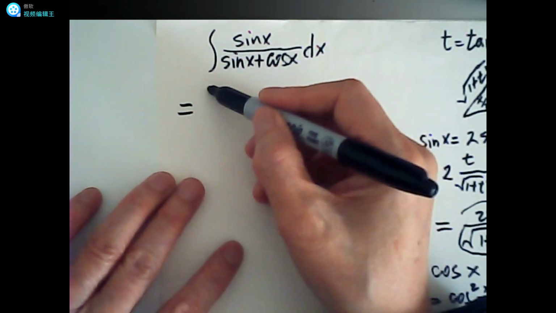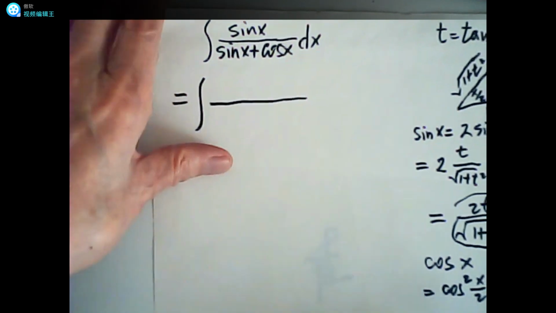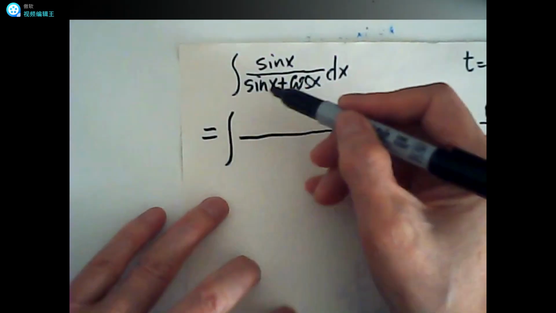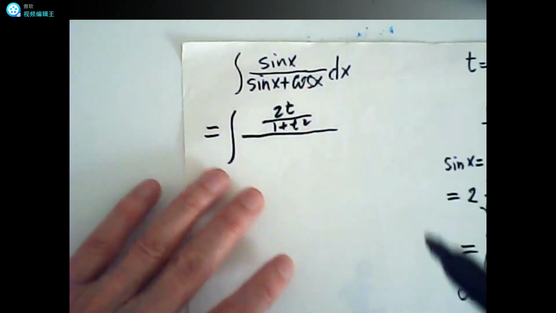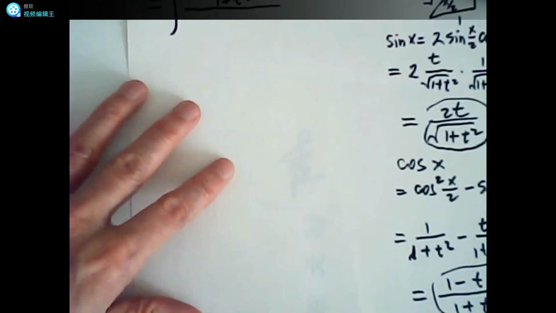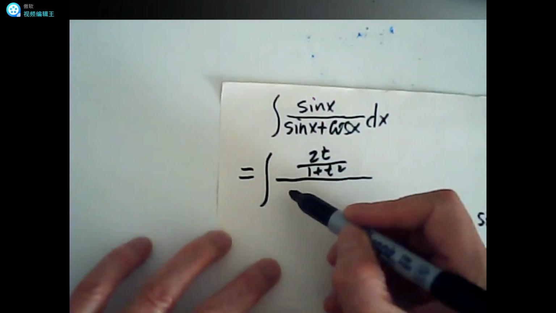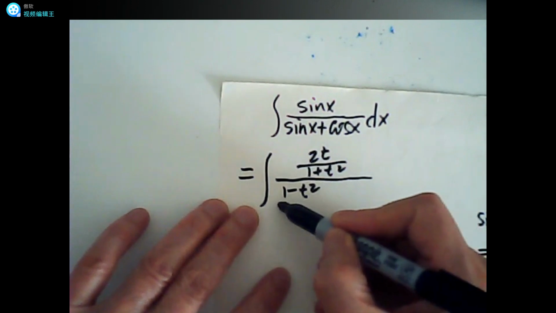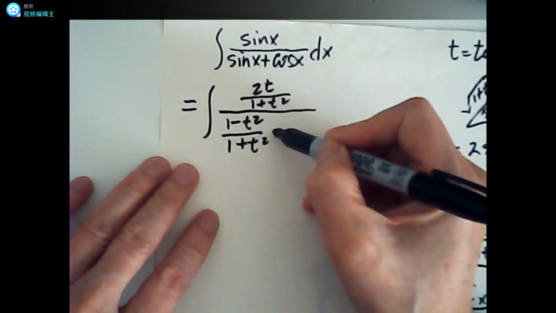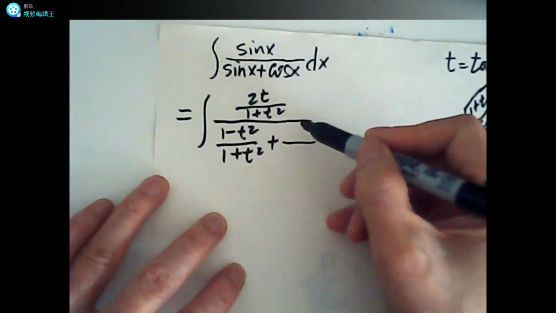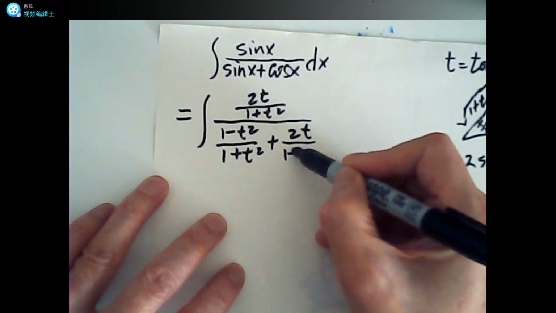Now, this is the integral. Sine is 2t over 1 plus t squared. Cosine is, I don't remember, 1 minus t squared over 1 plus t squared. Okay, this is cosine, plus sine. Sorry, sine is 2t over 1 plus t squared.